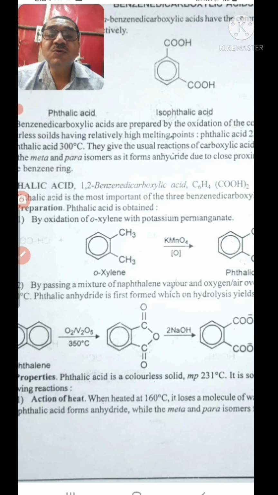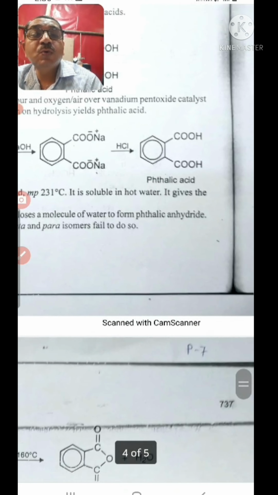Means there are two methods of preparation where an oxidation process is carried out. Now consider the properties. Considering the physical properties, phthalic acid is a colorless solid having melting point 231 degrees centigrade, soluble in hot water.